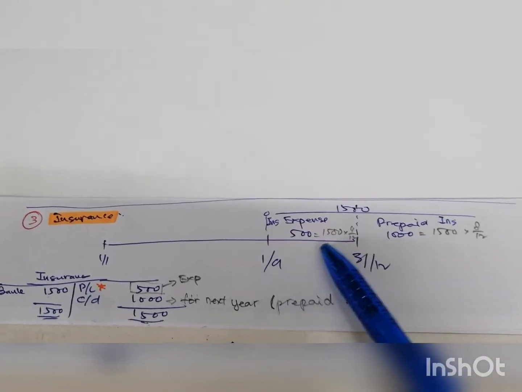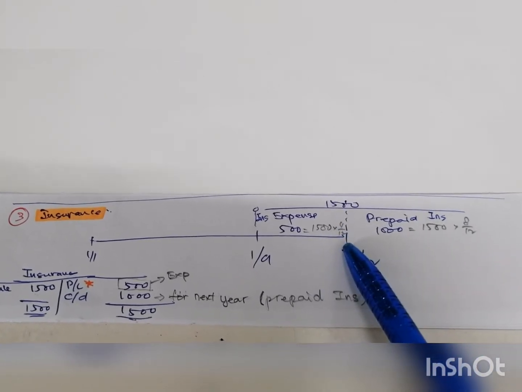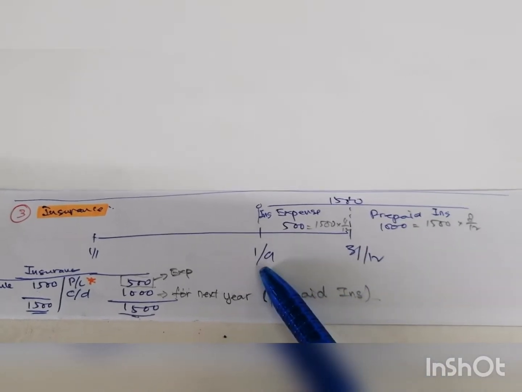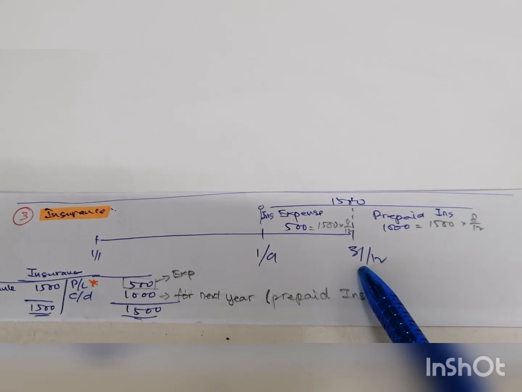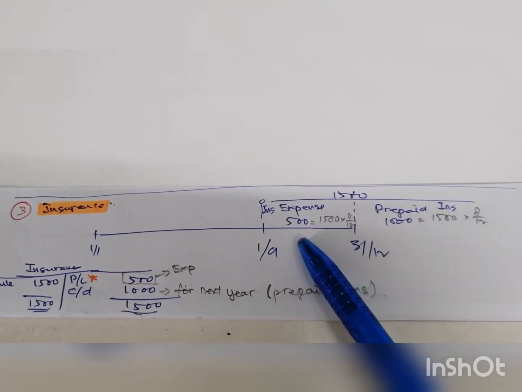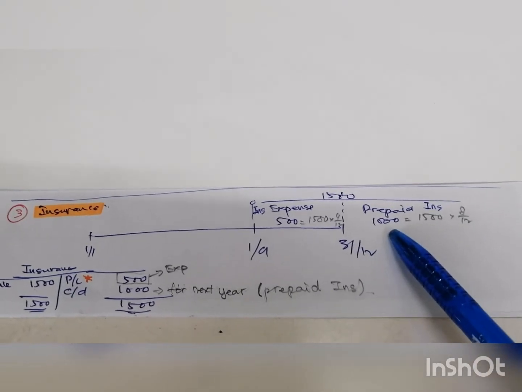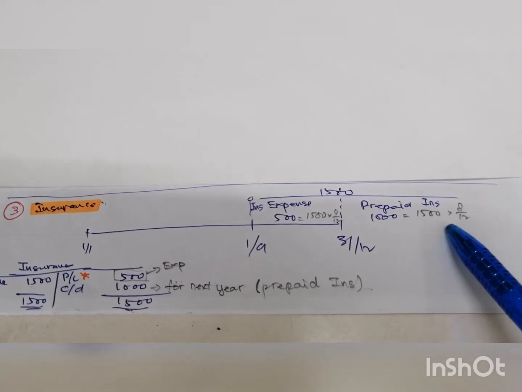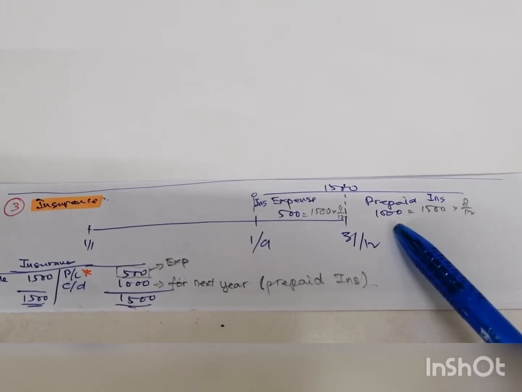It is 500. Why? Because 1,500 times 4 over 12, so you got 500. So 1st September until 31st December is only 4 months. So this one is your insurance expense. Meanwhile, the prepaid insurance will be 1,000. Why? Because 1,500 times 8 months over 12, so you got 1,000.